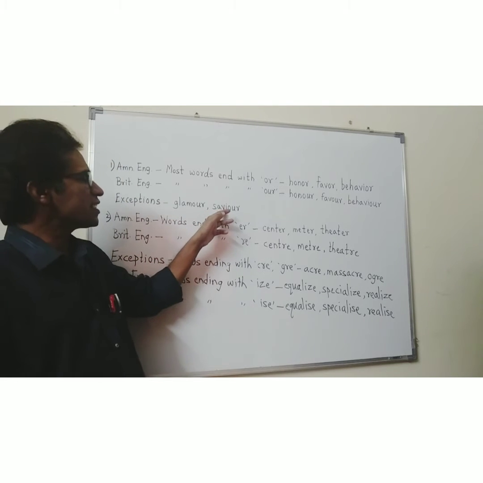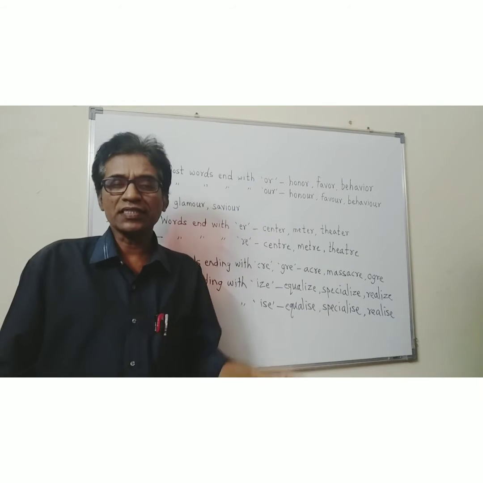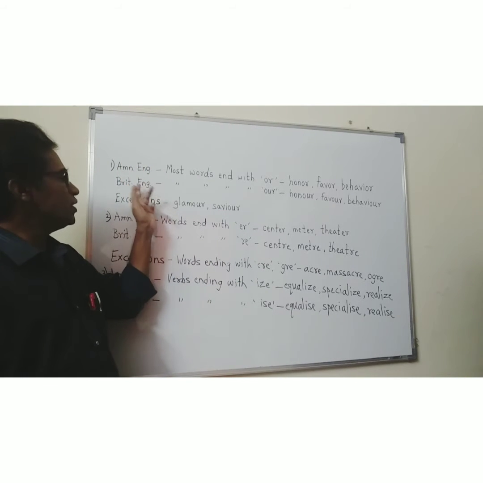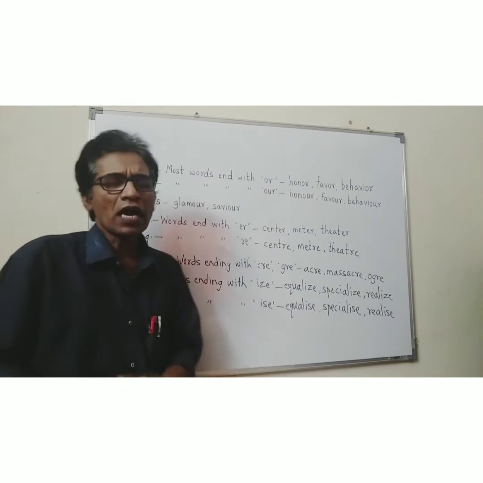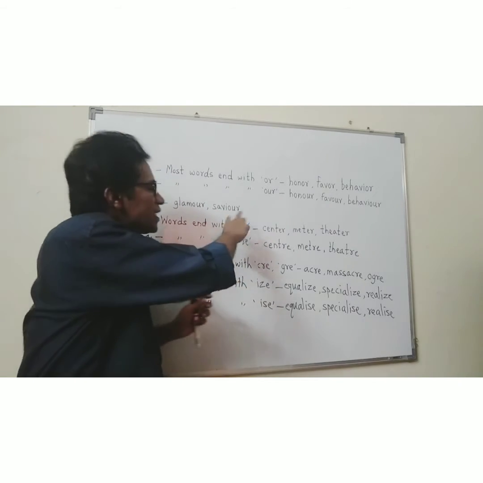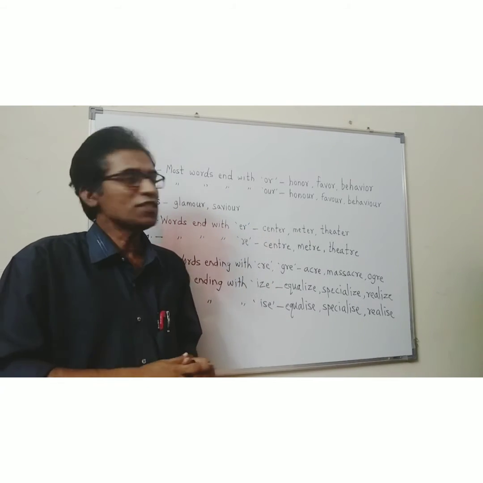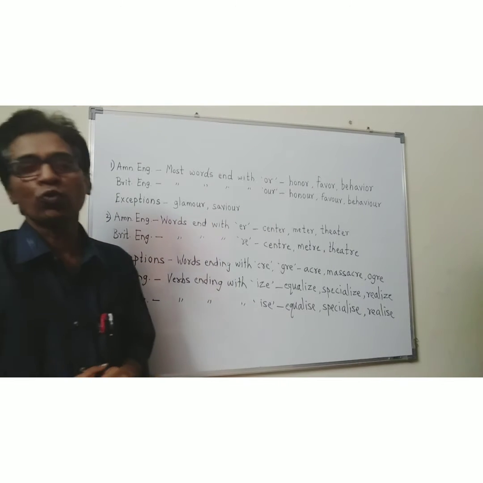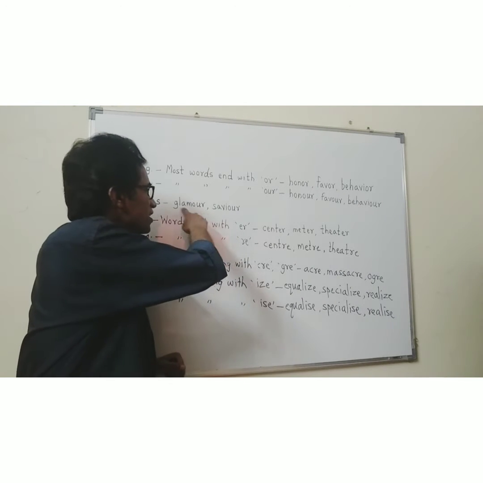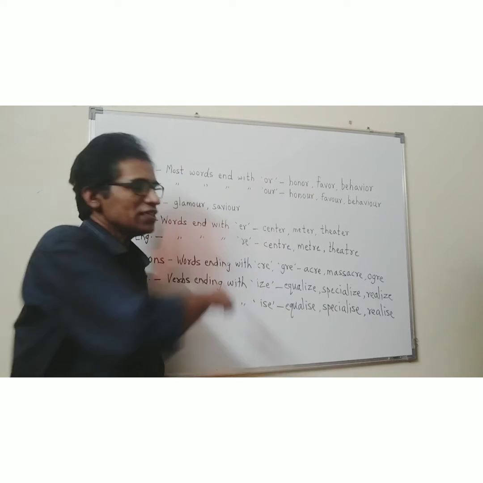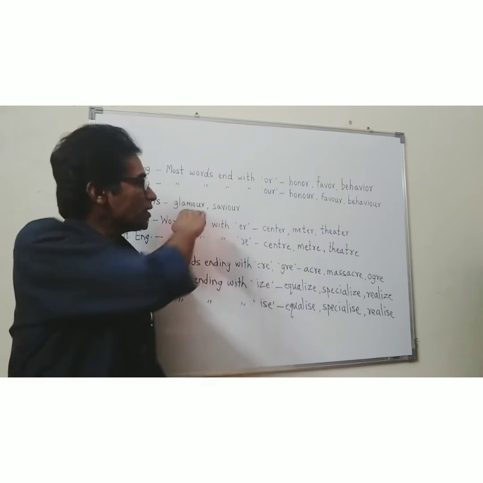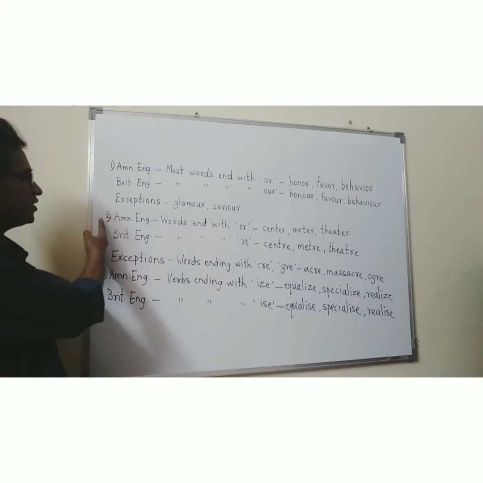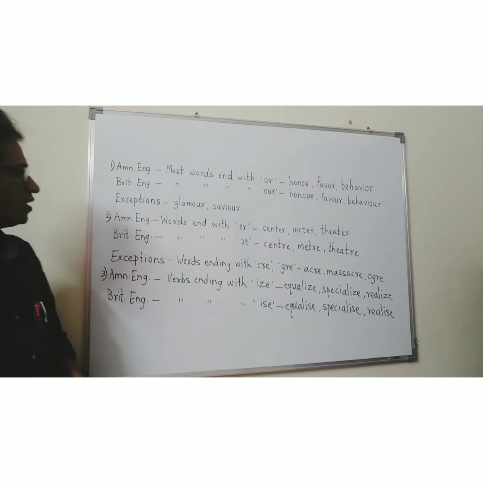And the second exception, saviour, SAVIOUR: these words are written the same in both. In American English you can't write it with only O, but it is written with OUR at the end.